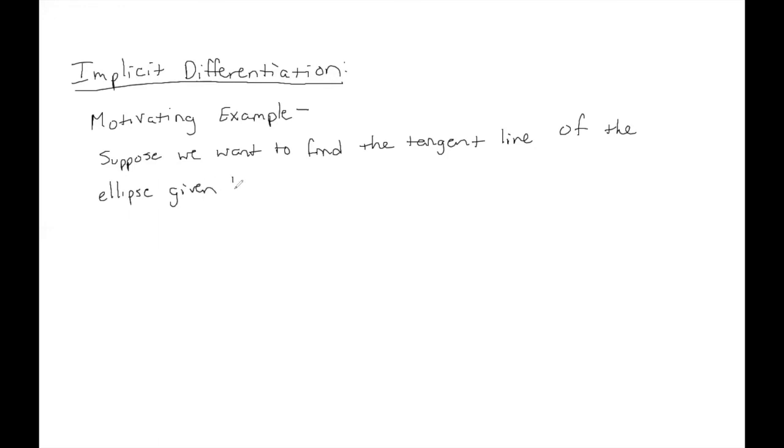Okay, so suppose we want to find the tangent line of the ellipse given by x squared plus 3xy plus y squared equals 25.